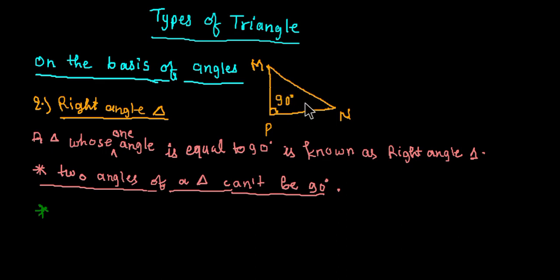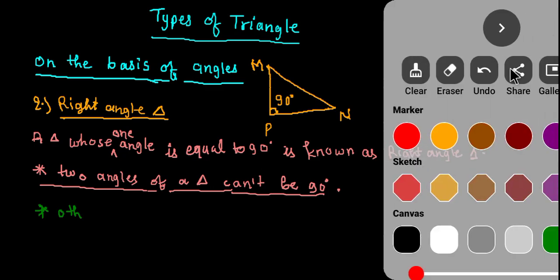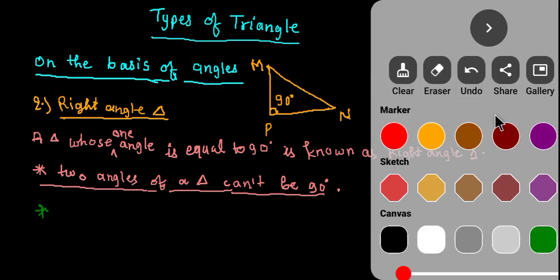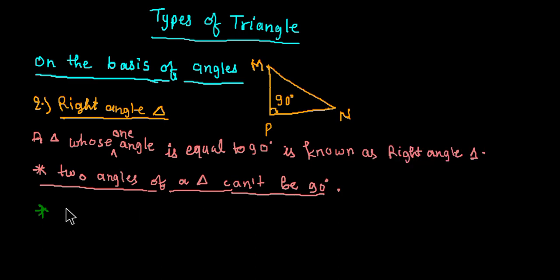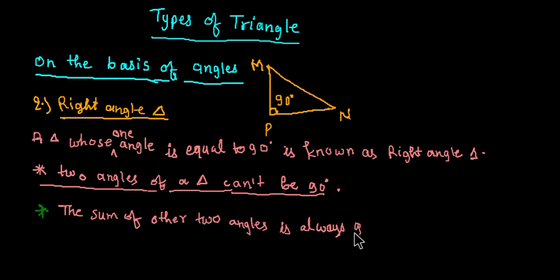So we can say that this angle plus this angle is always equal to 90 degrees. So the sum of the other two angles is always 90 degrees.